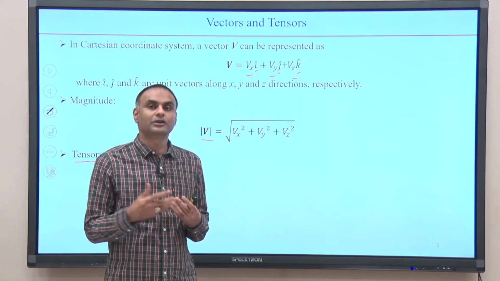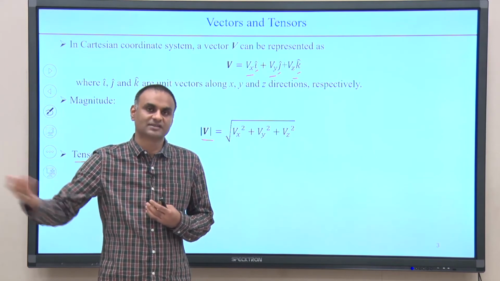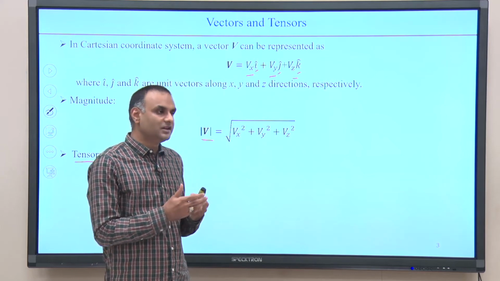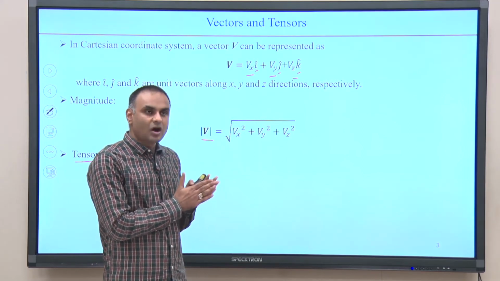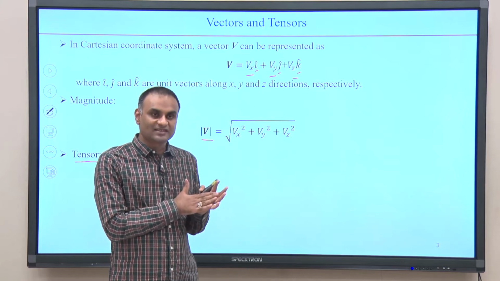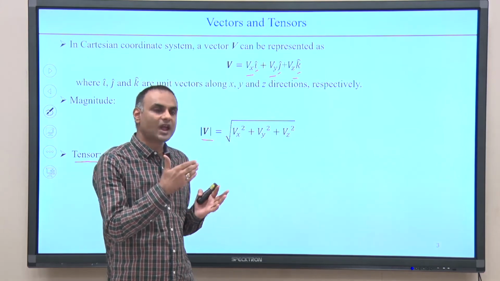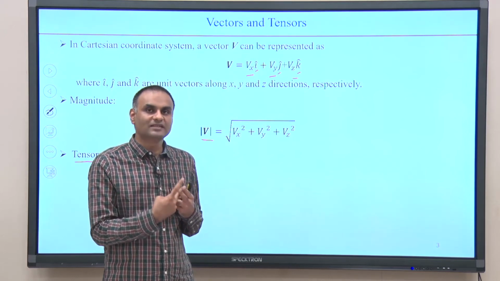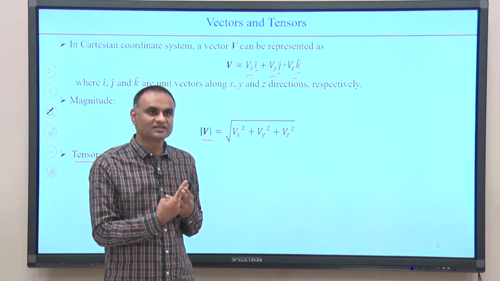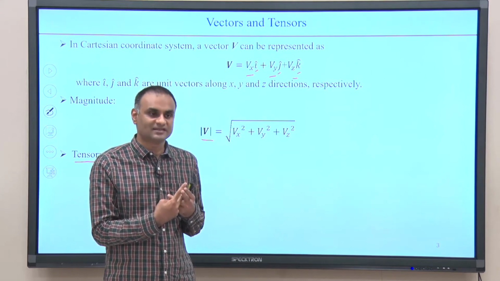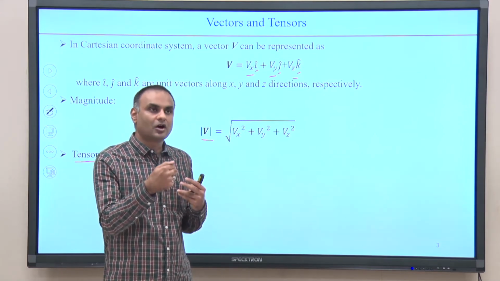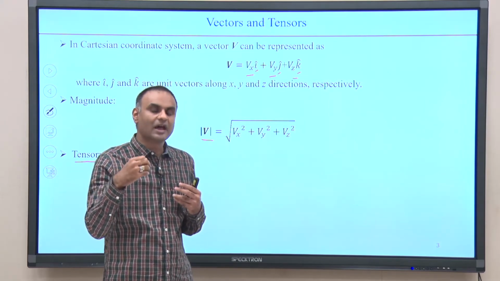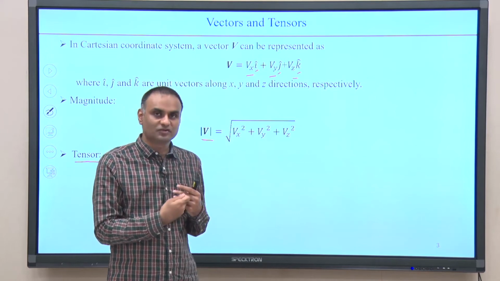For example, when we talk about stresses, as we will discuss in later classes, to define a stress we need the direction or the surface on which the stress is acting and the direction in which the stress is acting. So, we need to tell two directions: the direction normal to the surface on which the force acts and the direction along which the force acts.